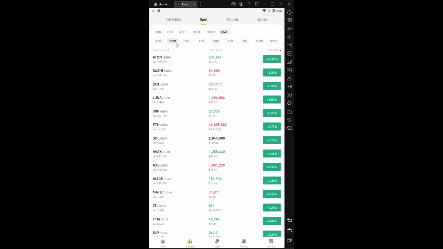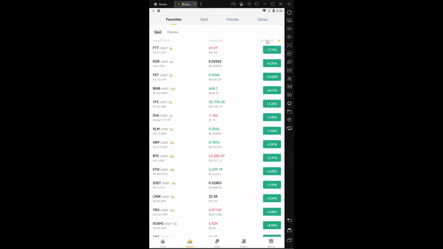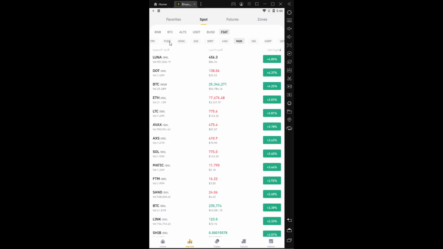I think this is Indian money. This BIDR is for India. This BRL is for Brazil. Before the Nigerian ban, there was an option for you to buy or sell in Naira, so you'd be able to see the Nigerian value of those coins.